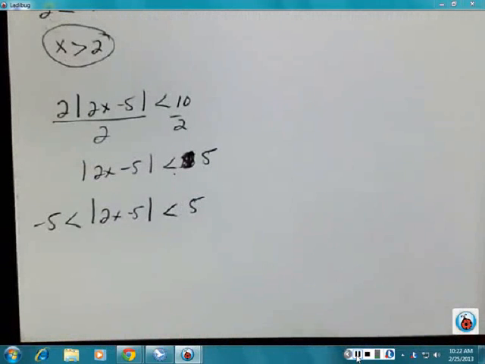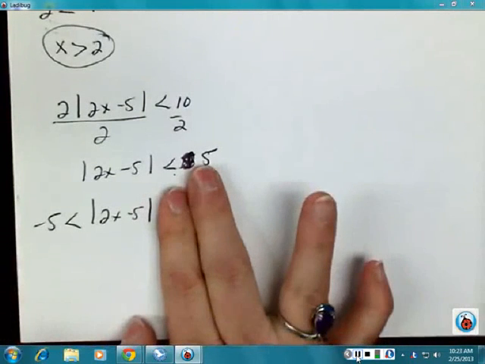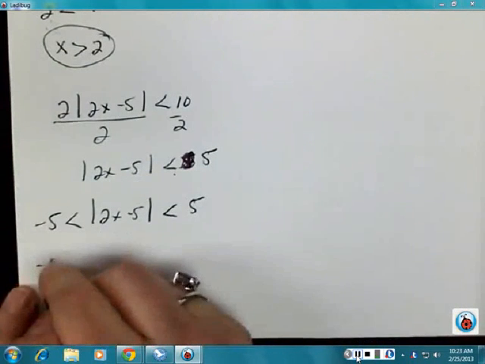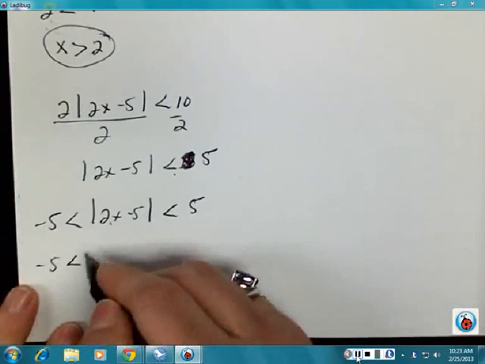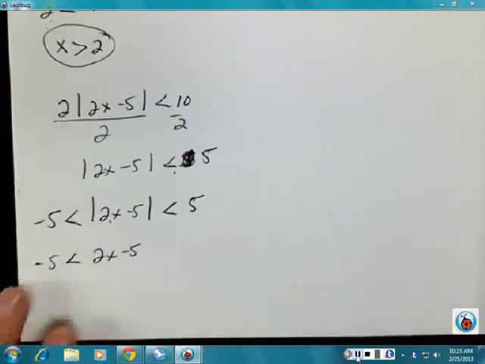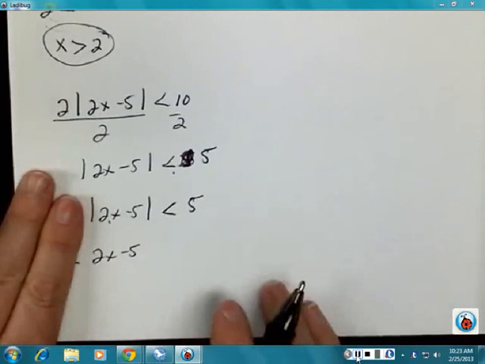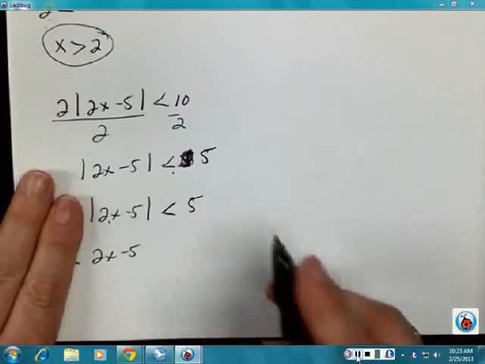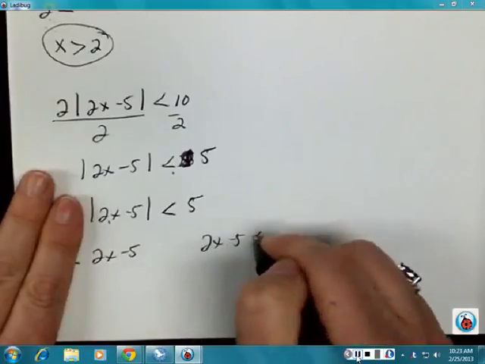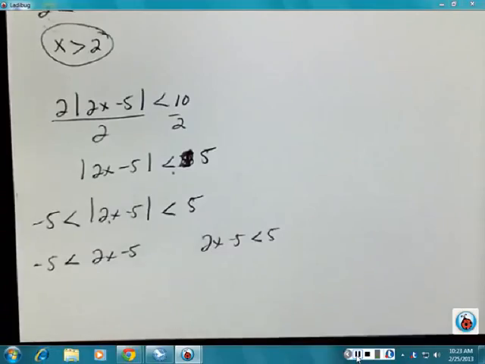Because you're going to make two equations. So now if I want my two equations, it's this equation: negative 5 is less than, drop my absolute, 2x minus 5. Then if I want my second equation, 2x minus 5 is less than 5.